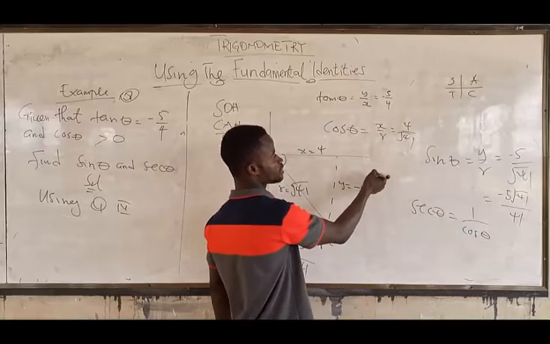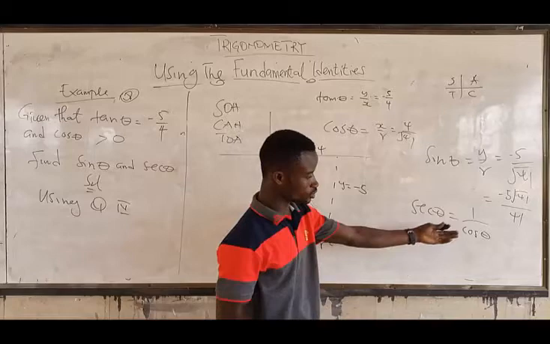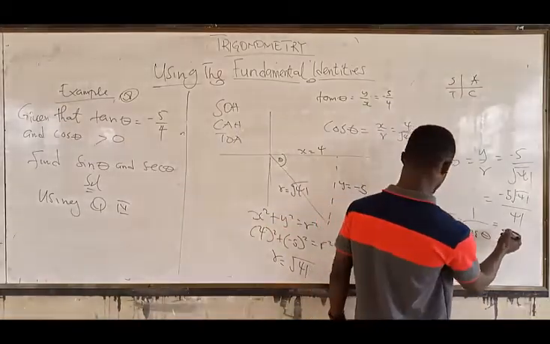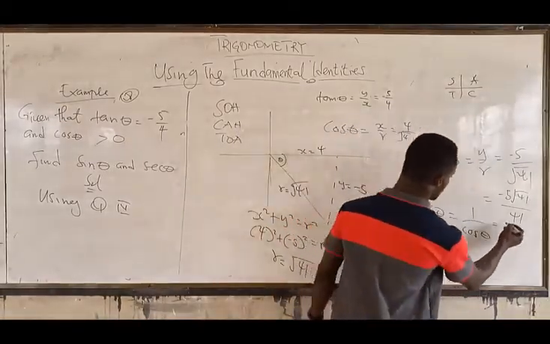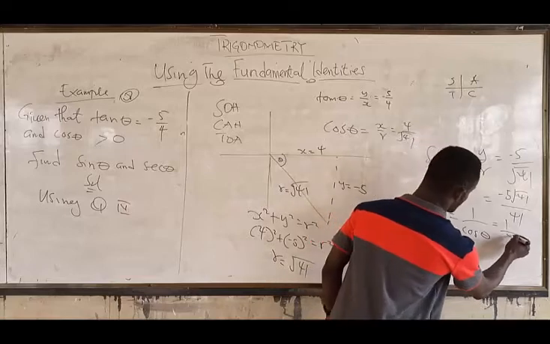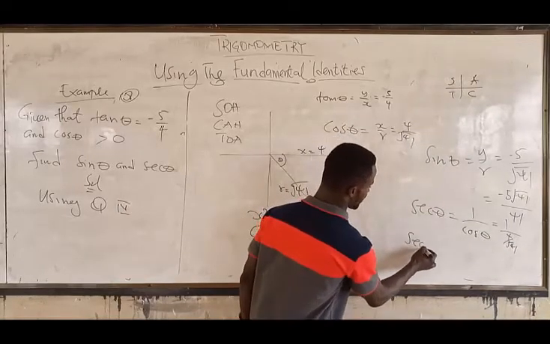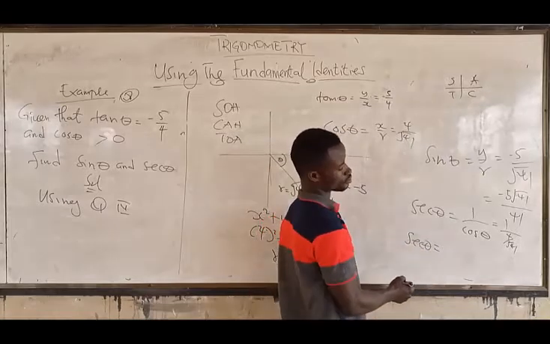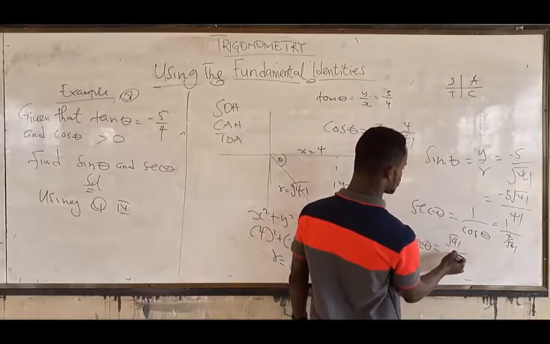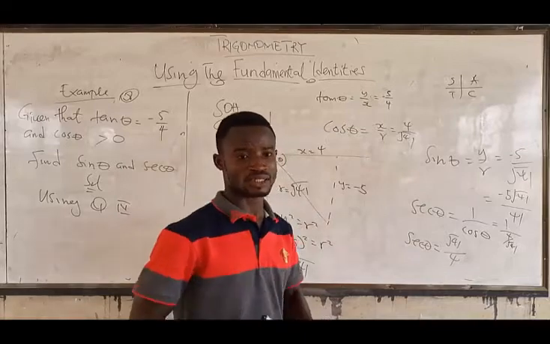You don't even need to rationalize here, you're going to do the substitution. To look for sec, 1 over 4 over square root of 41, therefore we end up getting sec to be square root of 41 over 4. That's all.